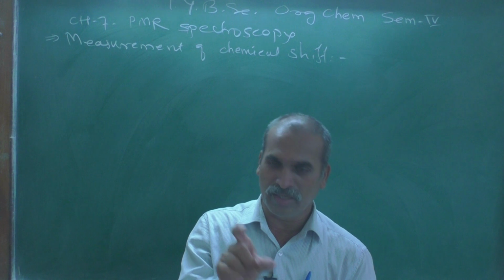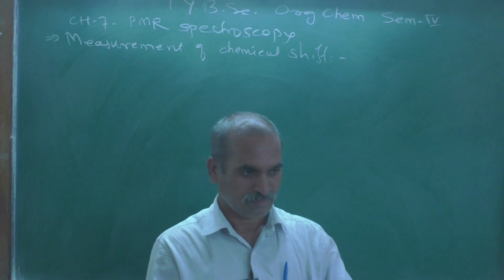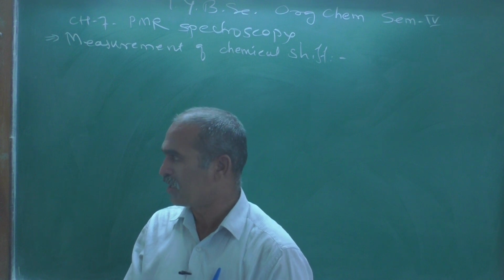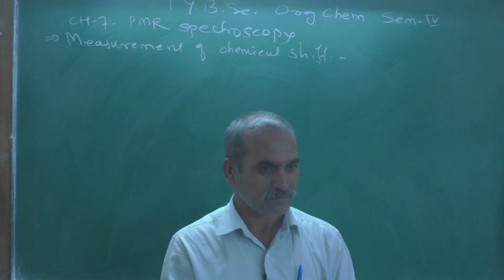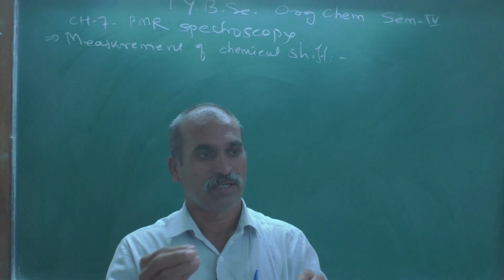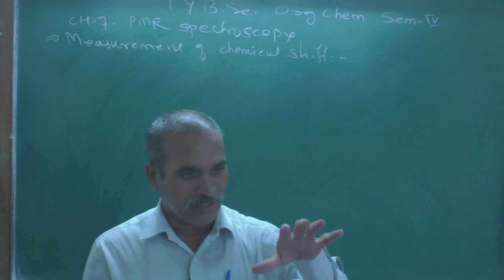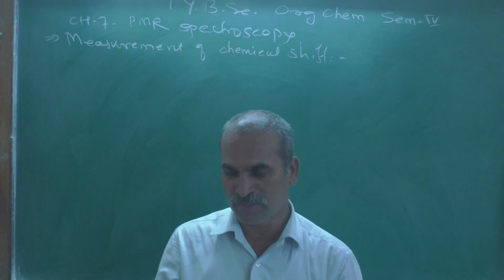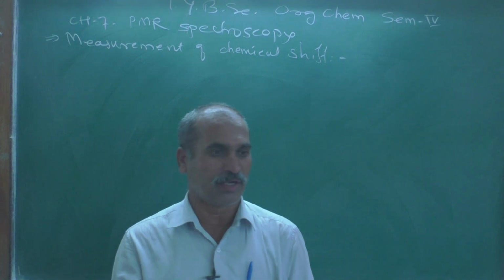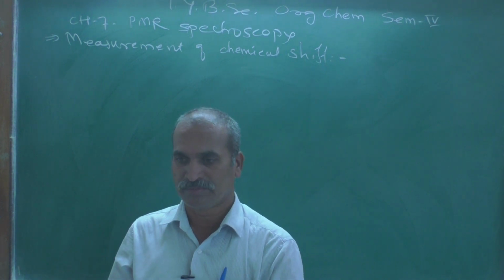Means the chemically equivalent protons are observed at the same chemical shift, and the different protons, the chemically non-equivalent protons, are observed at different magnetic field, because we are talking about the magnetic field, which is accurately measured.